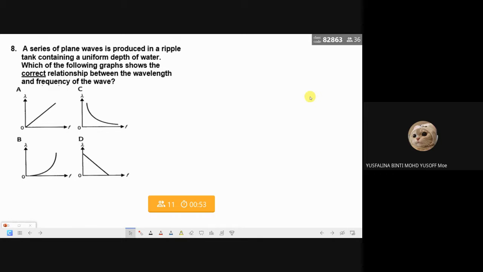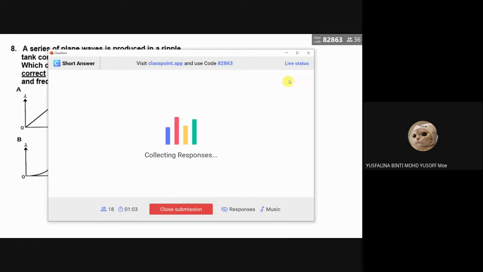I give you 15 seconds, because this one needs no calculation. Just look at the graph and choose.